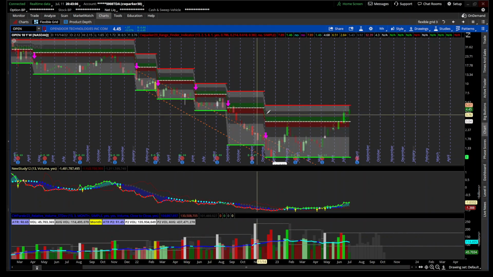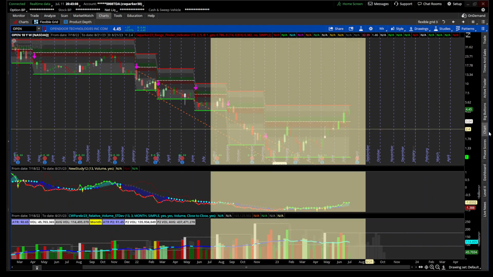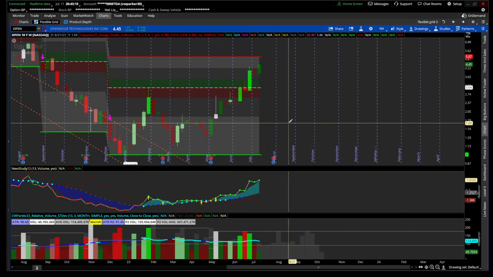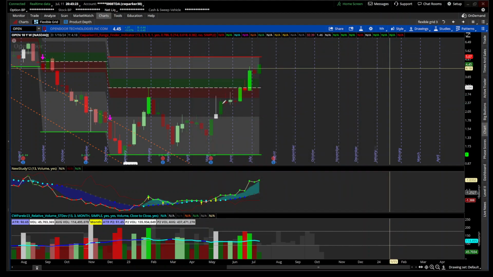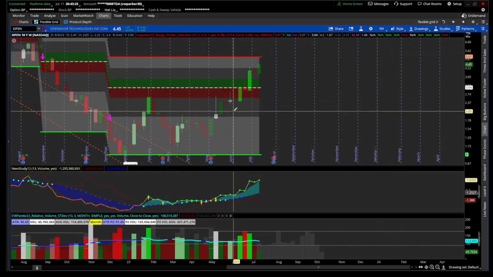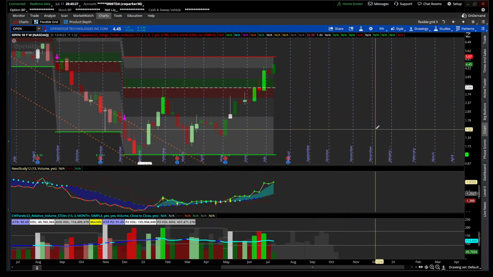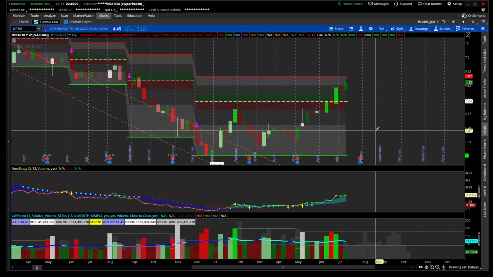So this is our weekly rangefinder, set for 13. The reason why I did that is because 52 weeks or 50 weeks, whatever you want to look at, times 0.25 gave me 13. So that's 25% of the year on a weekly. So you can see right here, that's why I used 13.